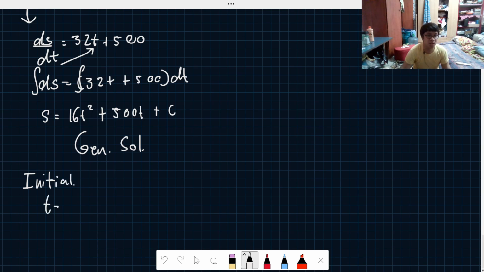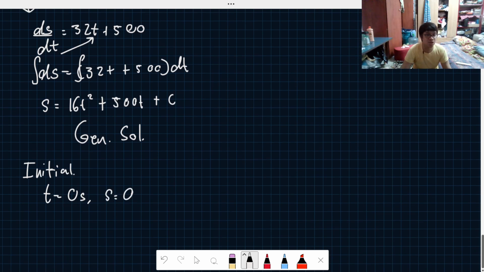Okay? So initially, your t is 0 seconds. And remember, the body is still at the top, which means it hasn't achieved any displacement yet. So therefore, your s is 0.